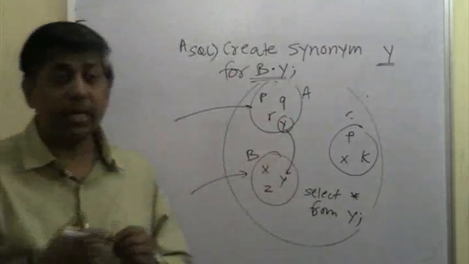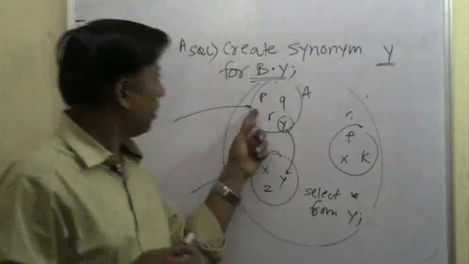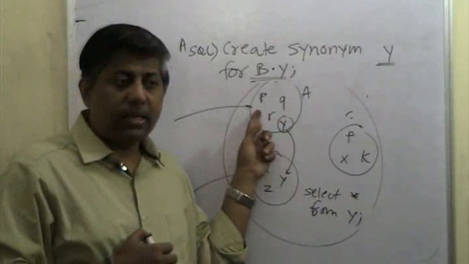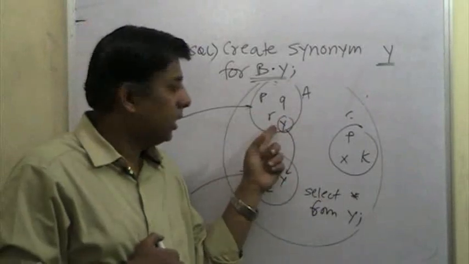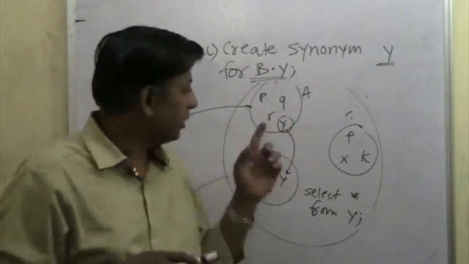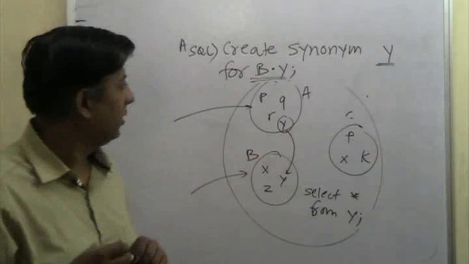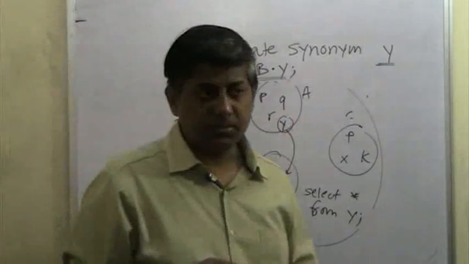It is not a real object. If this user logs in and says select star from user_synonyms, he will see an entry for Y, because it is his own synonym. So this is what a synonym is.